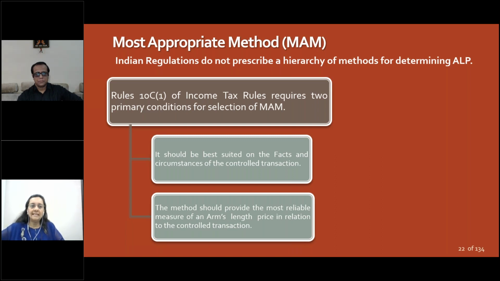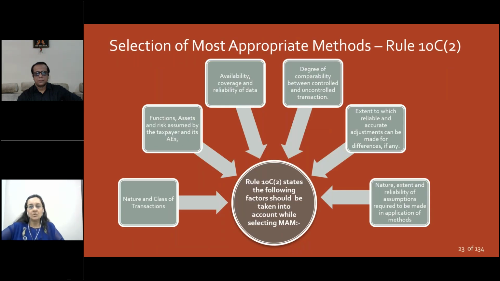Now, what is the criteria for determining the most appropriate method? So Rule 10C(2) again lays down various criteria. It says that we must look at the nature and the class of transaction. We must look at the FAR analysis, which is the functions, assets, and risks. We must look at the availability of data and the reliability of data. Suppose you have an unsigned quotation by somebody, is it reliable? Versus a government regulation, which is a more reliable piece of data for judging comparability.